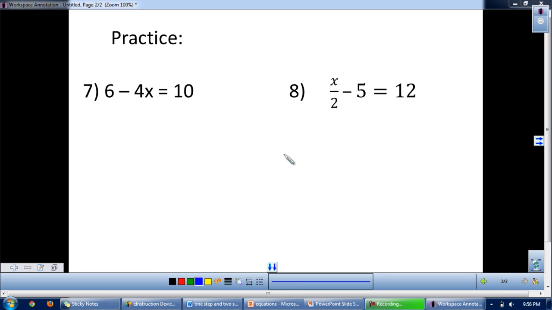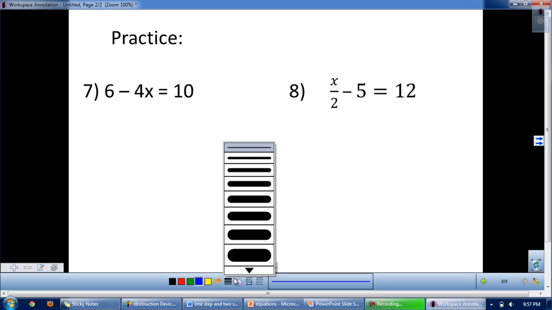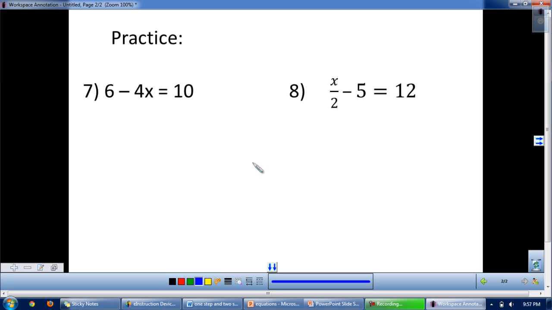Alright, so what I did here, I saved this screen and we're going to walk through how to solve two-step equations. Alright, first step, number 7, I'm going to box the term with the variable. Remember, we want to save that for last. So here we need to find the reverse operation for the 6.